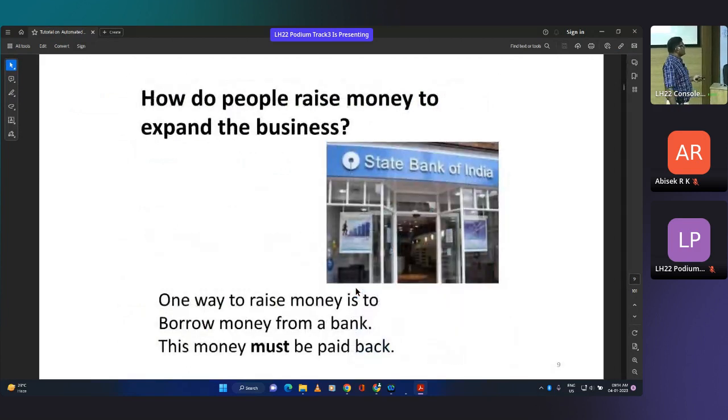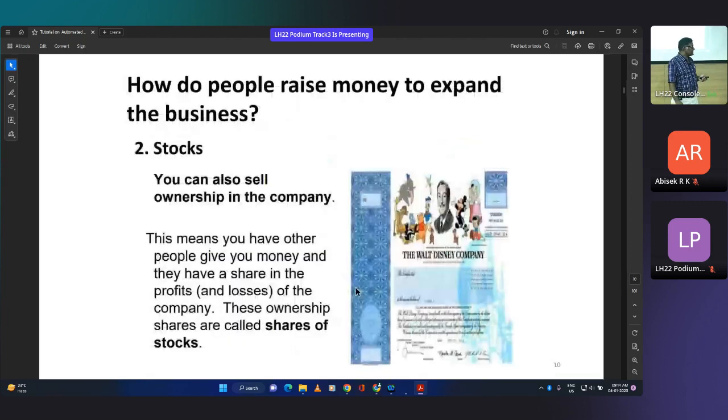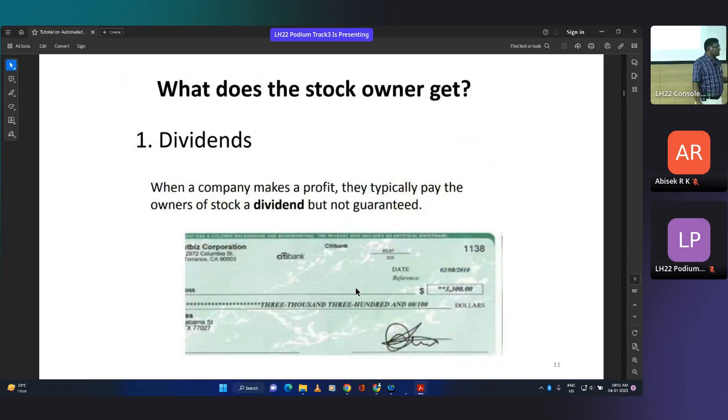Okay. So these are the slides which you have kept, but I think everybody knows that if you want to expand business, you raise money. Stock market is one of the ways to raise money. Instead of going to bankers for money, you can raise it from the stock market. Then why will people invest in companies?